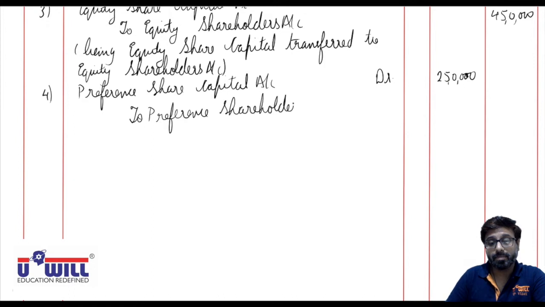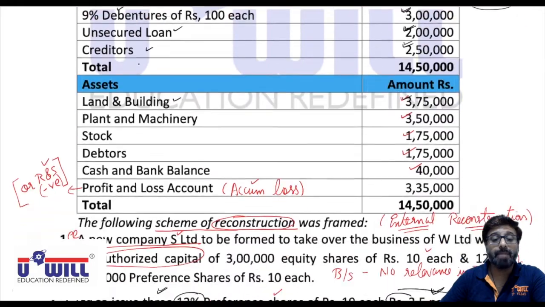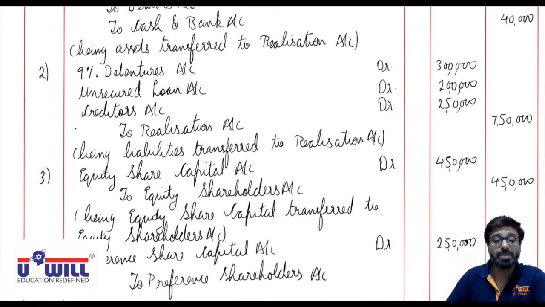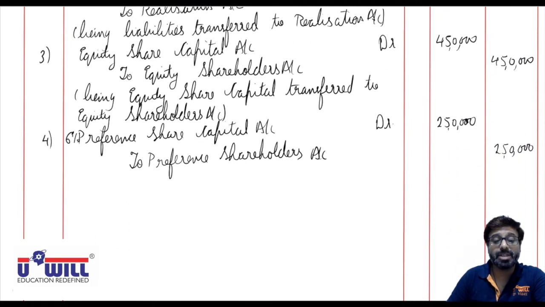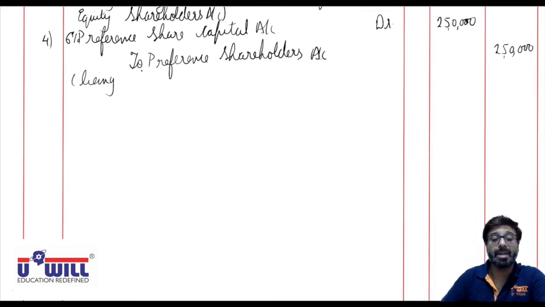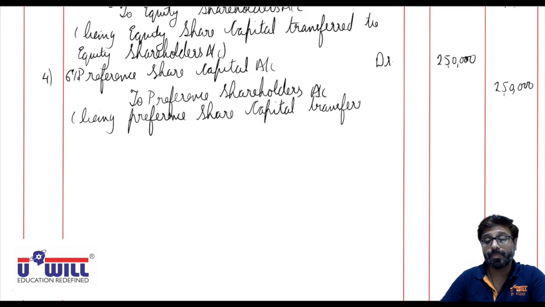Two lakh 50,000. Okay, and rather, 6% preference share capital. To be more specific, 6% preference share capital to preference shareholders, being preference share capital transferred to preference shareholders account.